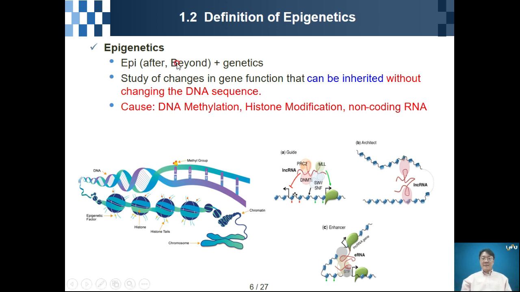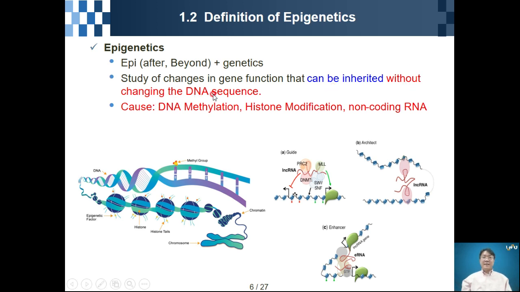But epigenetics means epi plus genetics. Epi means after or beyond genetics. So epigenetics means that gene function can also be inherited from father to offspring. Some characteristics can be inherited from father to offspring without changing the DNA sequence.